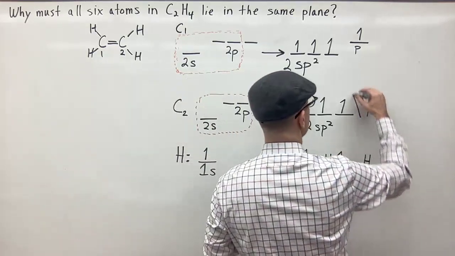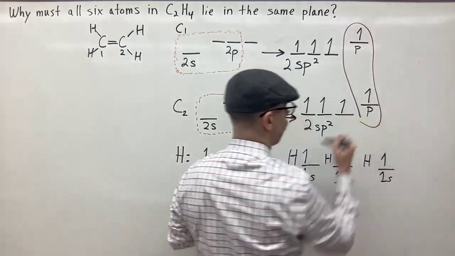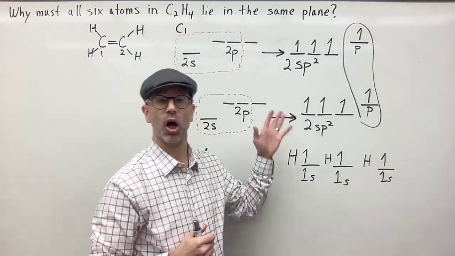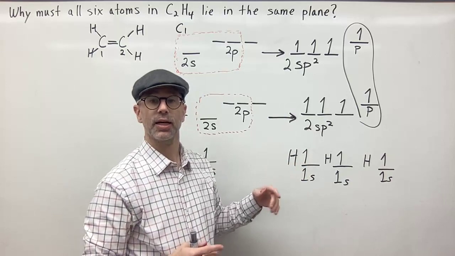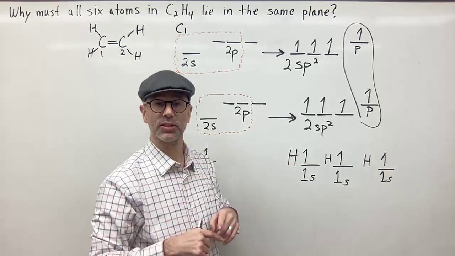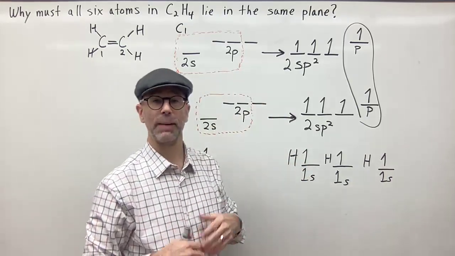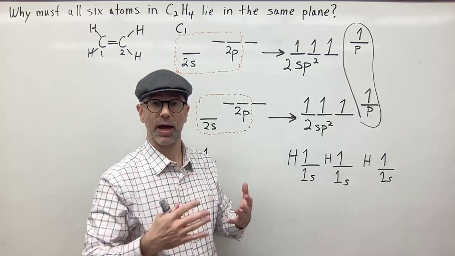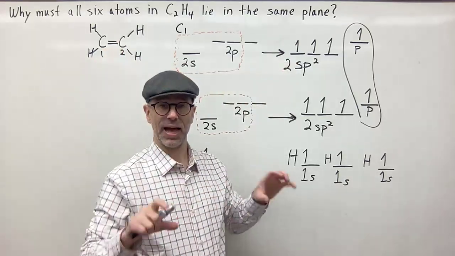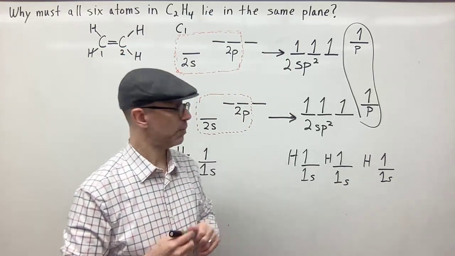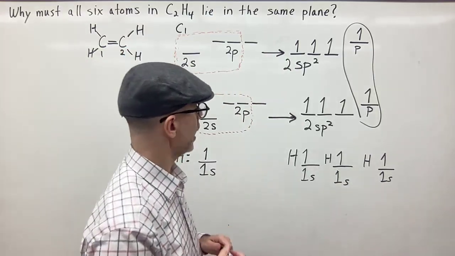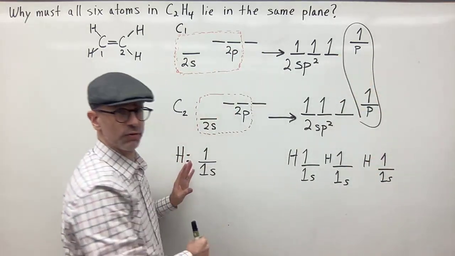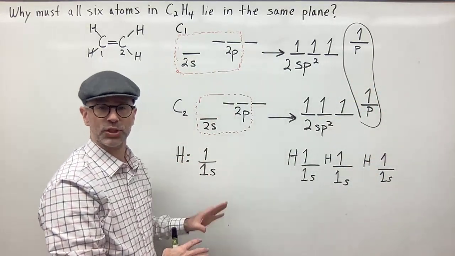So these can overlap, forming a bond, but this bond is not going to be along the axis. It's going to be outside the axis, forming what is called a pi bond. So we have sigma bonds that are along the axis, and the bonds that are outside the axis are going to be pi bonds. So this is kind of an overview of the background and understanding what's going on.